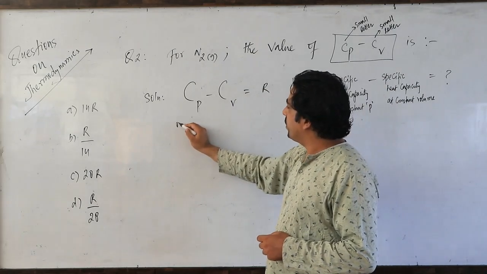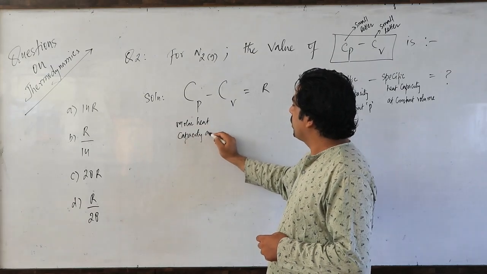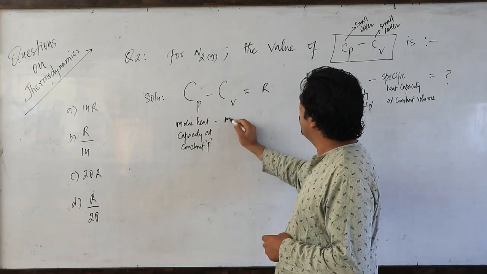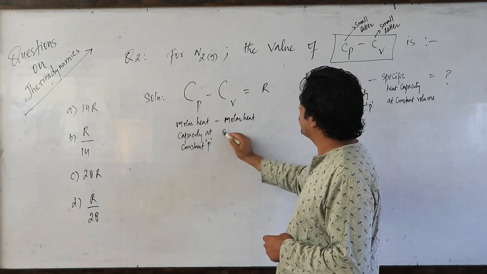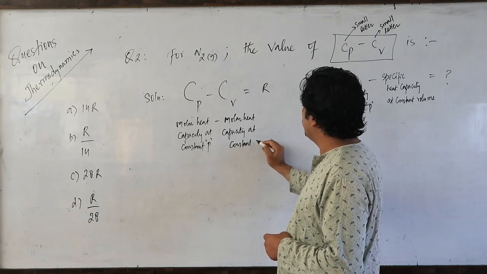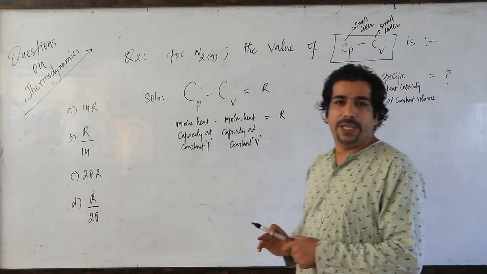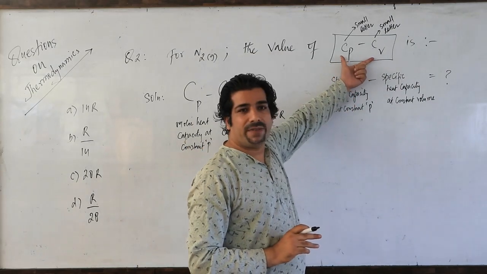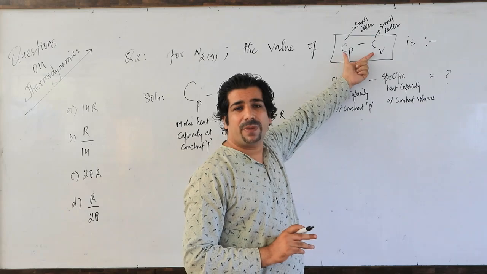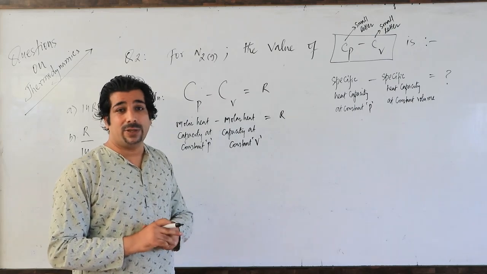This is the molar heat capacity at constant pressure minus molar heat capacity at constant volume is equal to R. So this expression we have already derived, but for small Cp minus small Cv, specific heat capacity at constant pressure minus specific heat capacity at constant volume, we don't know the value of that particular thing. So let us find out.